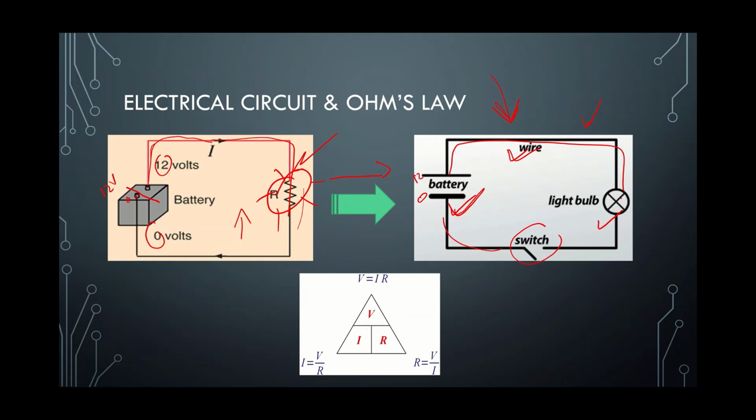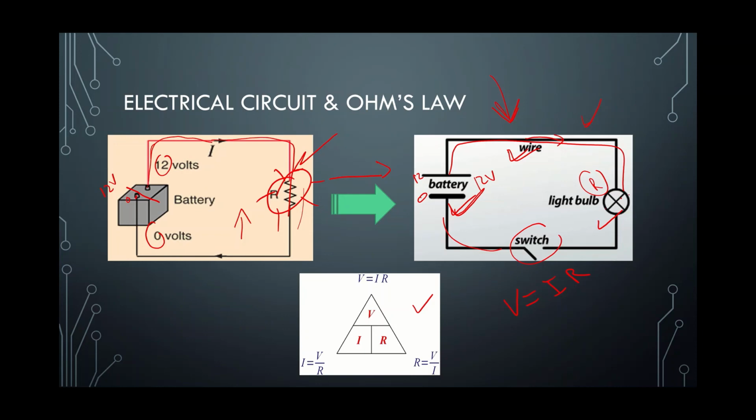The battery is 12 volt, and the lamp, for example, has a resistance. We can calculate the amount of current by using Ohm's law. Ohm's law states that the voltage is equal to the current multiplied by the resistance.